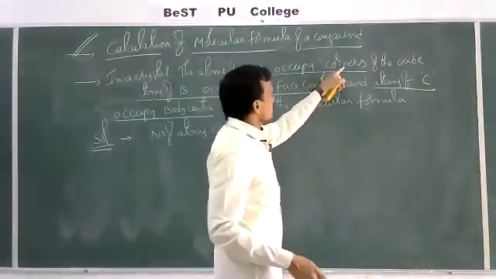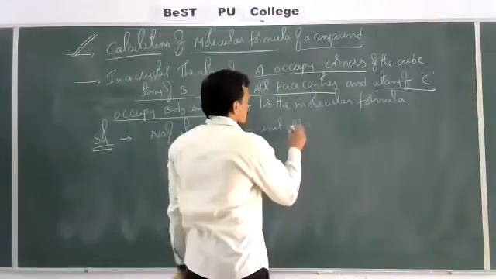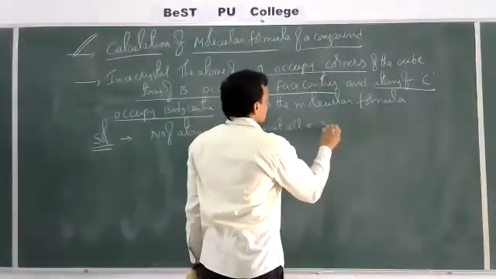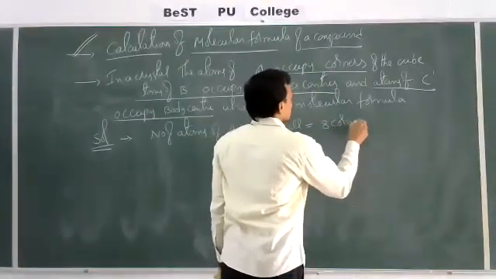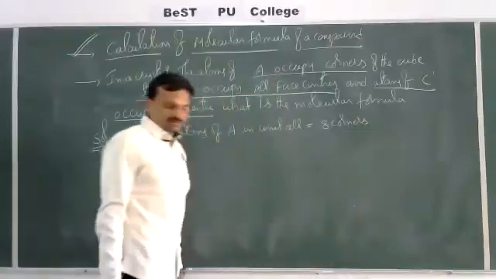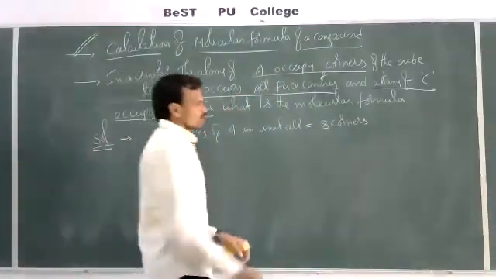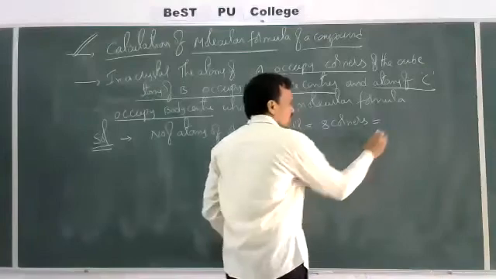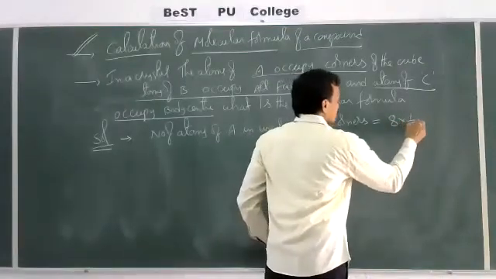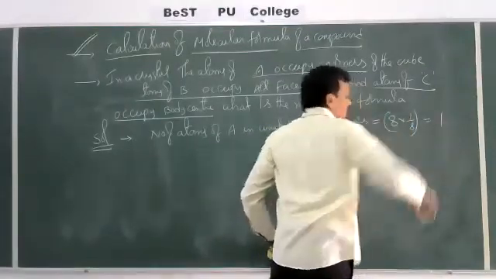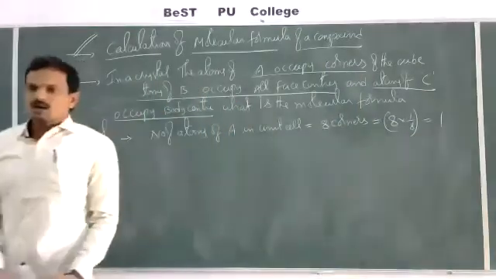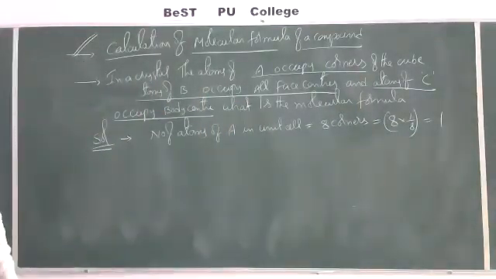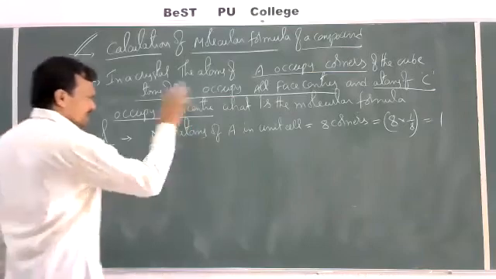A occupies corners. So 8 corners are occupied by atoms of A. Then what is the contribution of a corner? 1 by 8. So 8 into 1 by 8, which is equal to 1. So the number of atoms of A in the unit cell is 1.